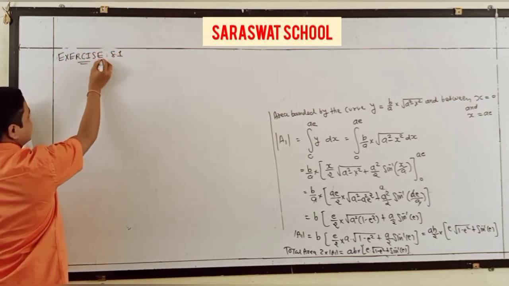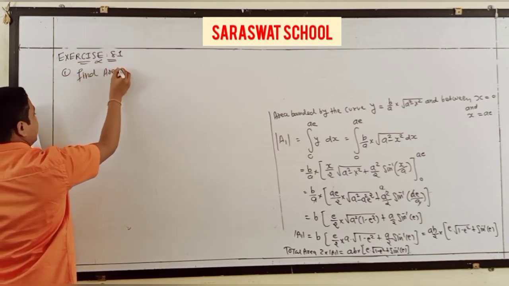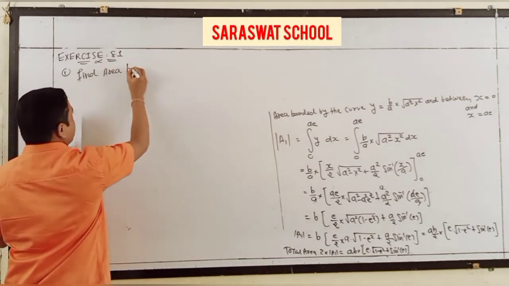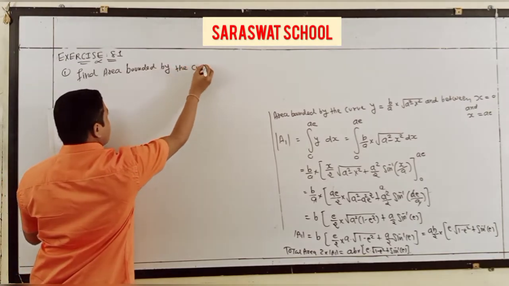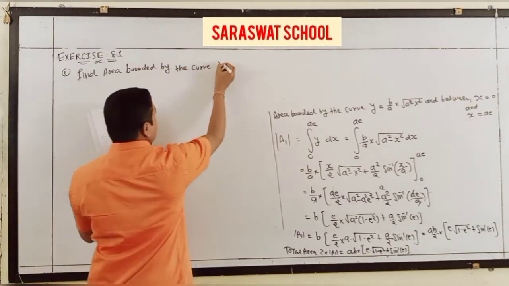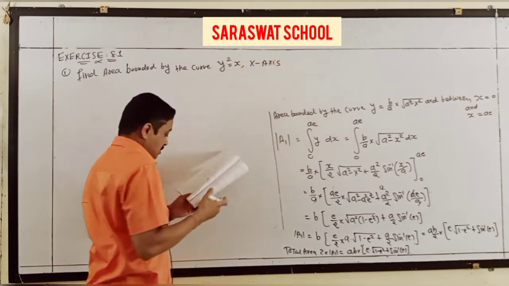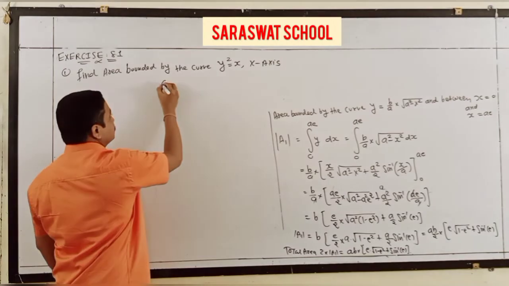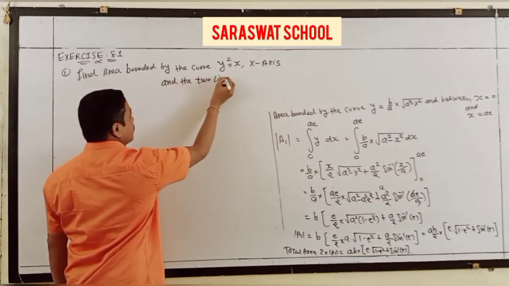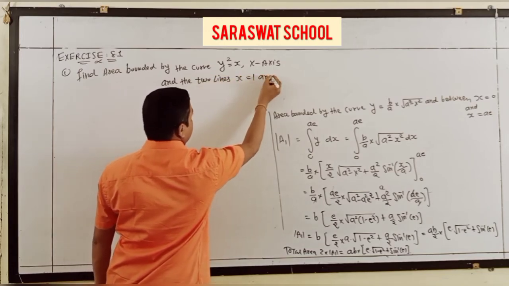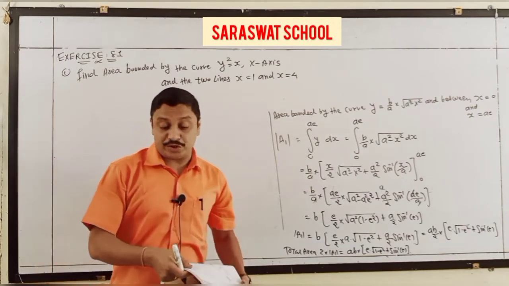Very easy exercise, first one. Find the area bounded by the curve y square is equal to x and the x axis, and the two lines x is equal to 1 and x is equal to 4 in the first quadrant.